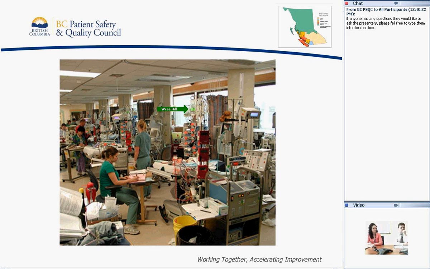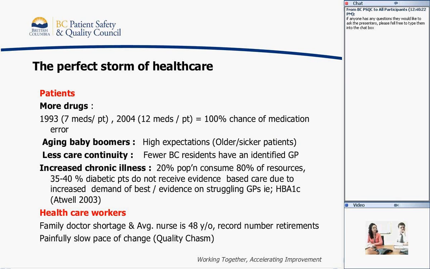So with that, I'm going to move into what we try to do to try to learn from adverse events in healthcare. There's a perfect storm out there. Patients are getting more drugs. Polypharmacy, I think, is a real recognized problem. We have higher numbers of elderly patients with more comorbidities. There's less continuity of care in terms of fewer people have an identified general practitioner, and the burden of chronic illness and comorbidities.